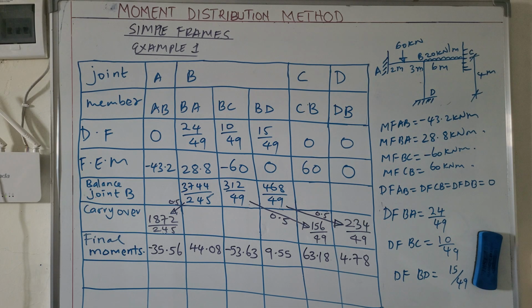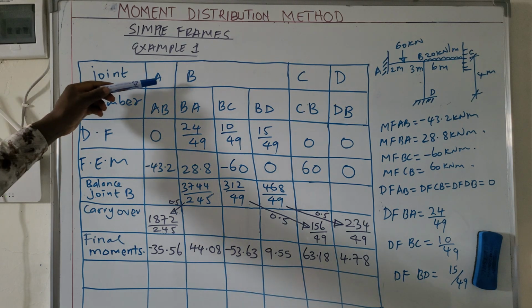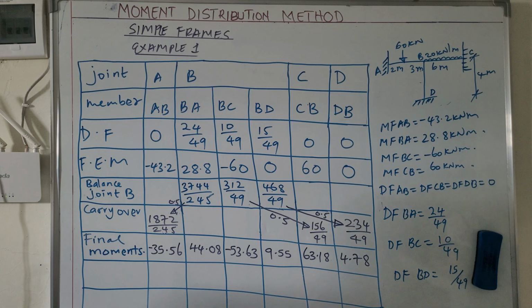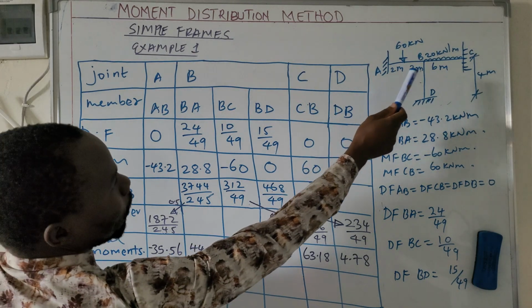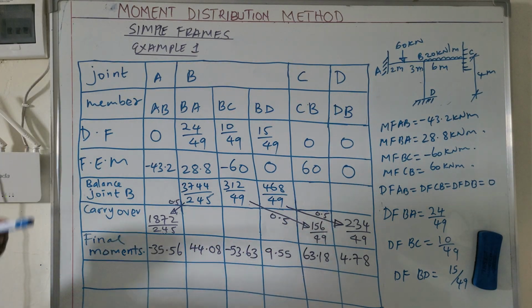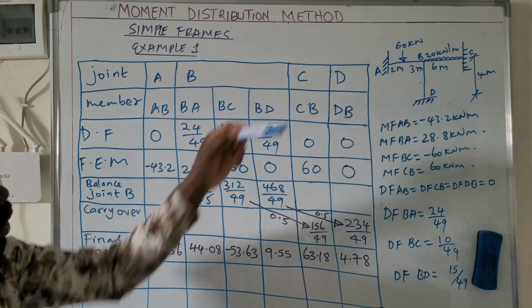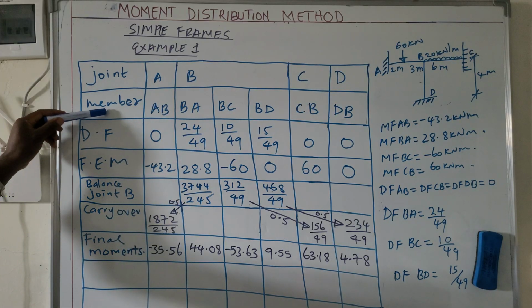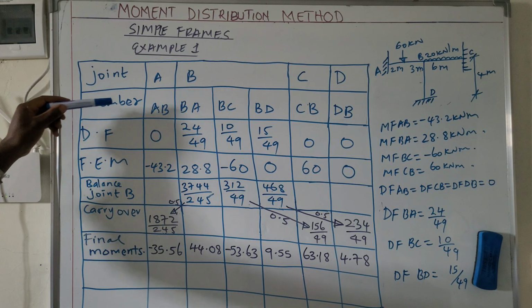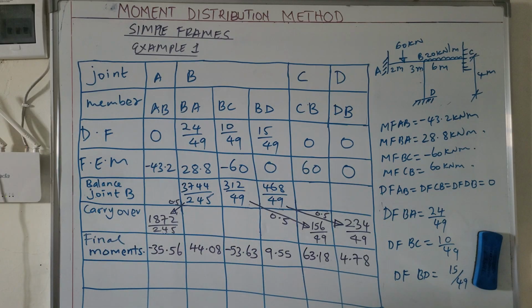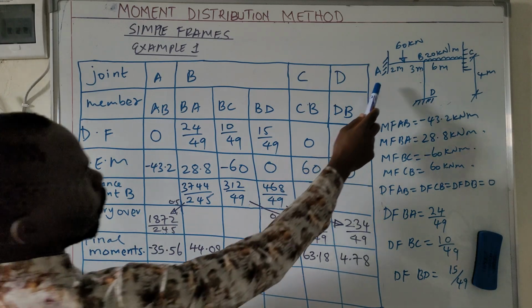So I will explain this table in detail. Under joint, you will have joint A. As you can see, we have joints A, B, C, and D. And then you come to members. At joint A, you only have member AB.